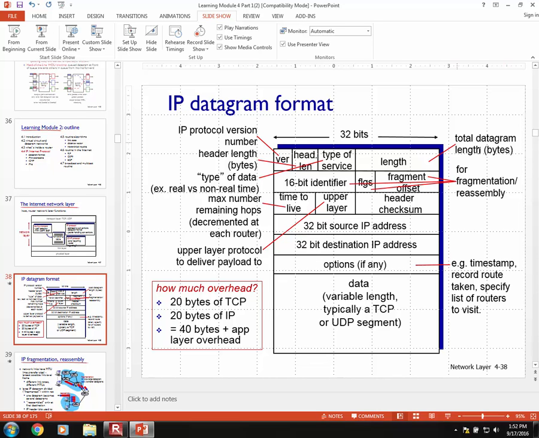We have the total datagram length in bytes. For the purposes of fragmentation and reassembly, and we'll look at this a little bit later, we have three fields: a 16-bit identifier, some flags, and a fragment offset. We're going to take a look at that later on in the lecture.